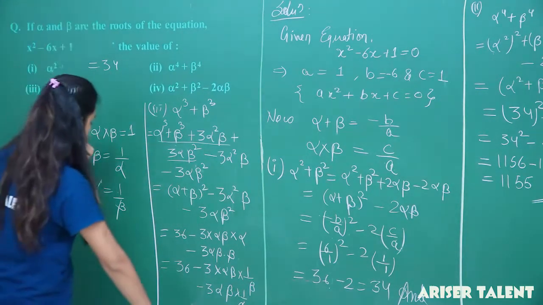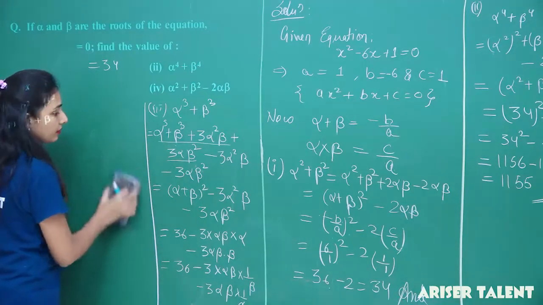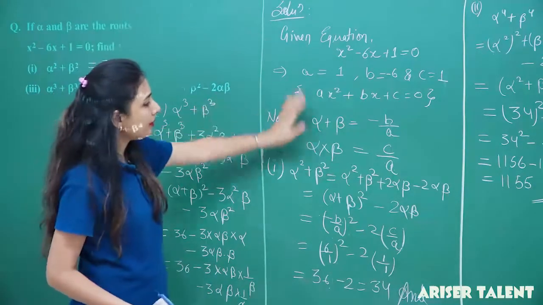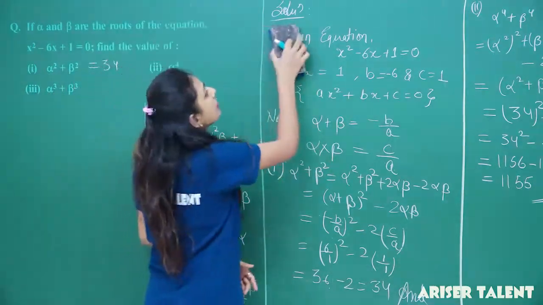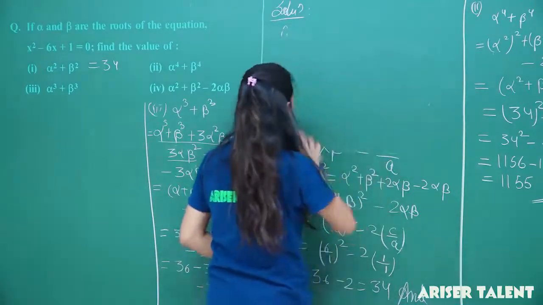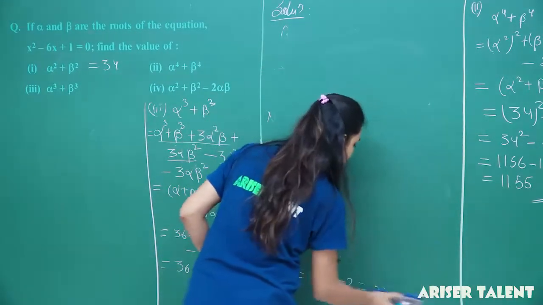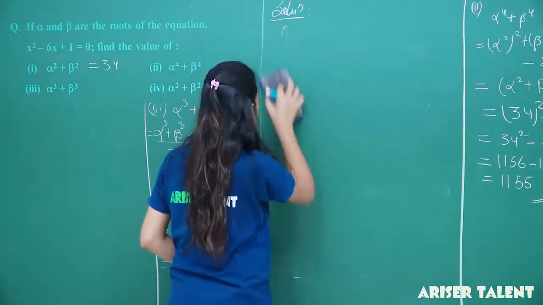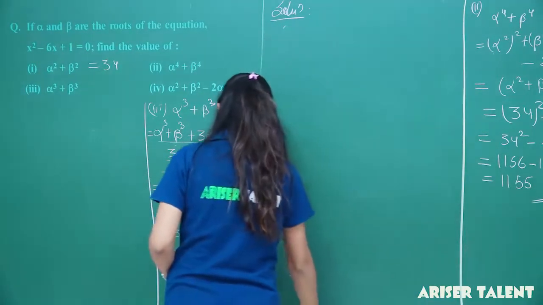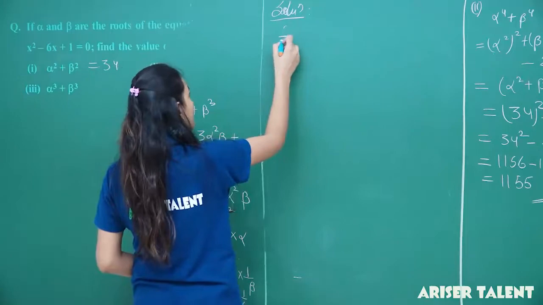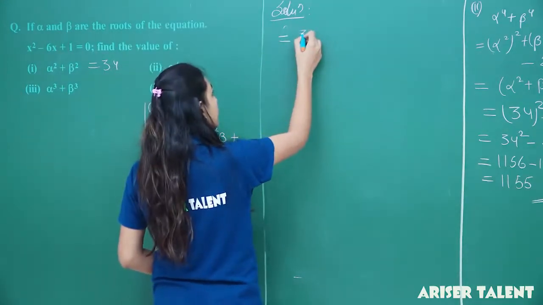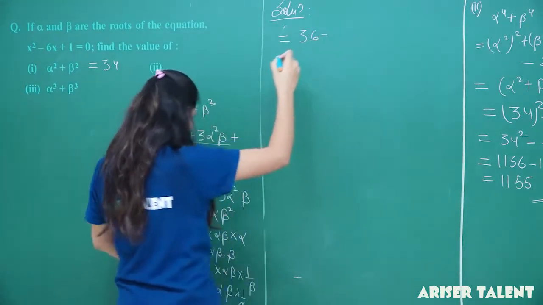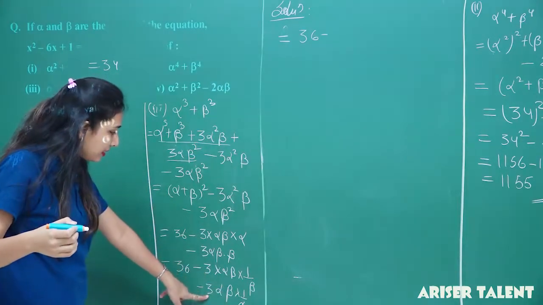Okay, students. So, I am rubbing this portion. Okay. So, it will become 36 minus alpha beta and alpha beta, right.